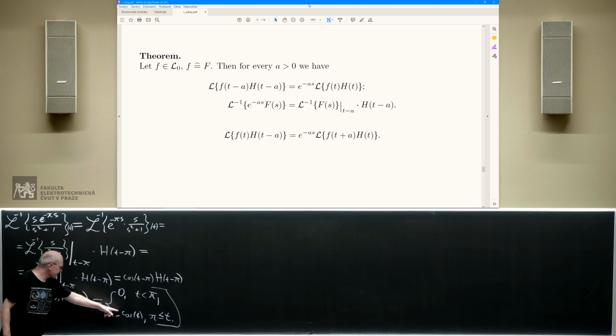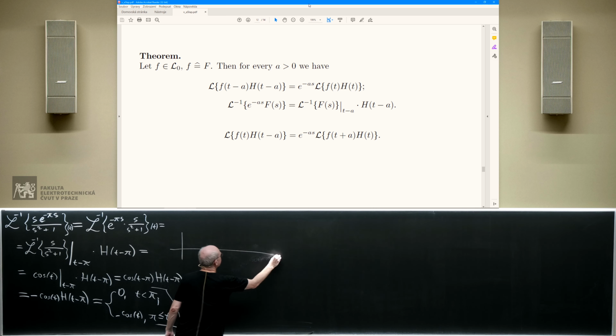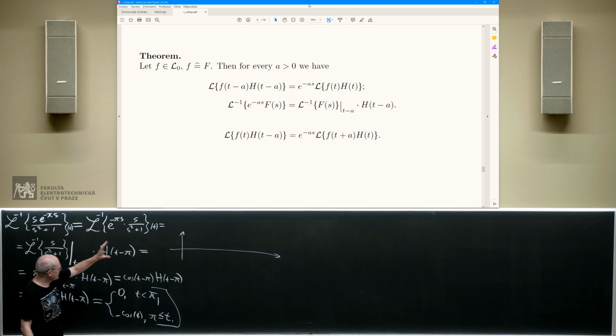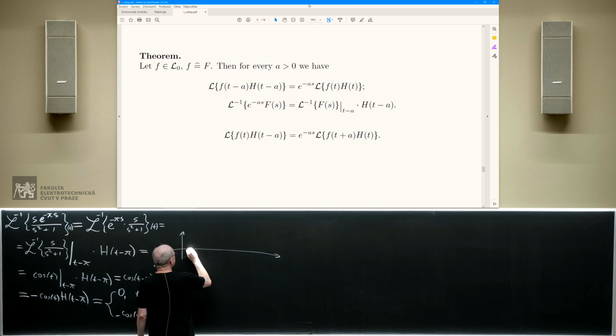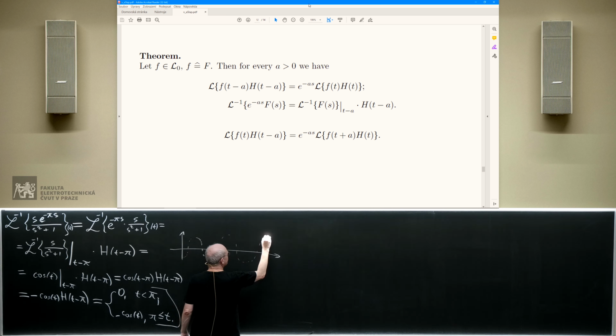And actually, looking at this, it's easy to visualize what's happening. So just out of curiosity, we all know and love the sine function and the cosine function. We know how they look. Now, when we put minus in front of them, they get flipped around. So minus cosine essentially has this as the basic shape, and then it's just repeated over and over.